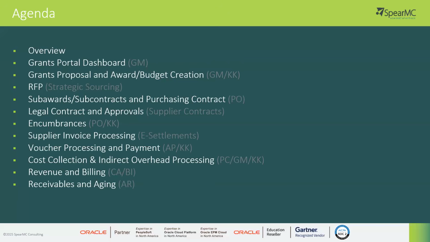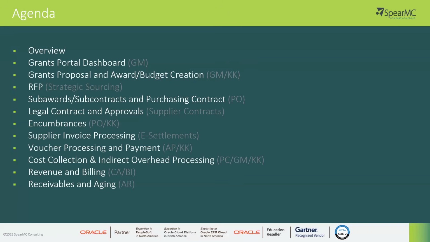Okay, so we are going to be walking through an end-to-end example, both on the grantee side of things, so going after and receiving an award, as well as the grantor side of things. So when you as an organization have a need to issue a subaward or a subcontract to give a portion of the award out to another external organization, that's what we're going to be walking through today.